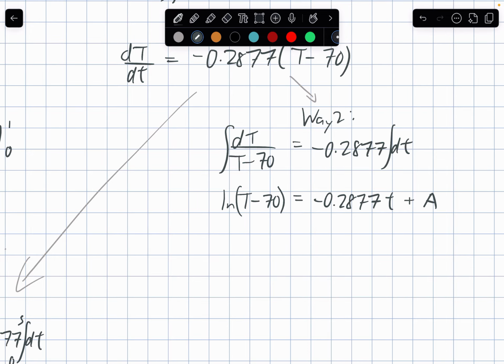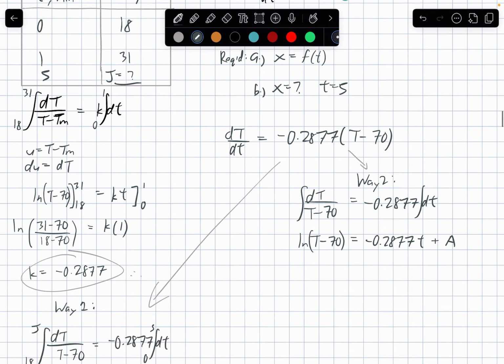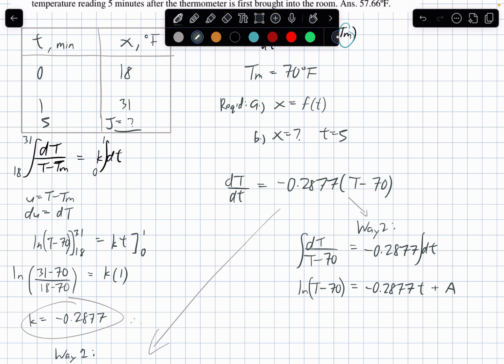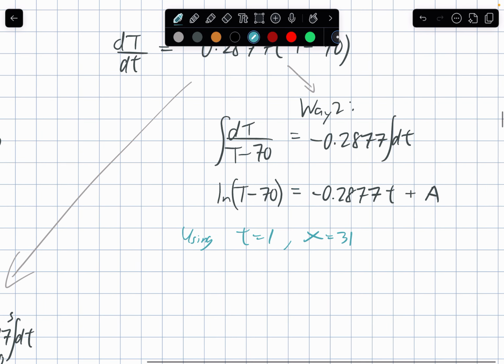And then let's find from the table. We want to find A using any of these two complete pairs. Let's try using t equal to 1 and T equal to 31. Sorry, I keep saying x. This is supposed to be T.